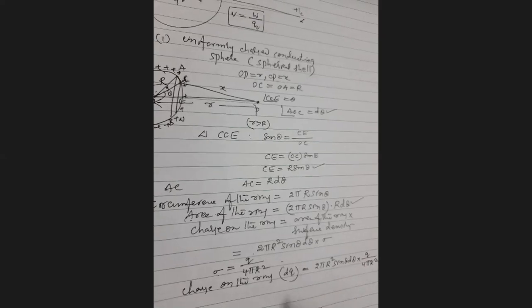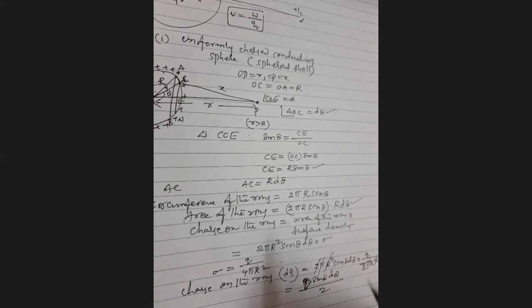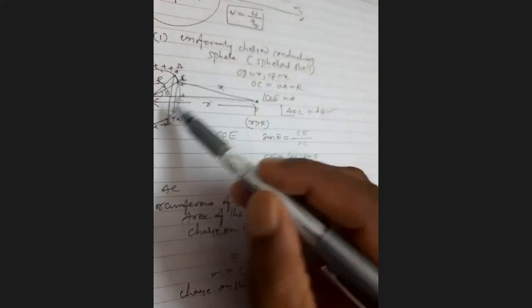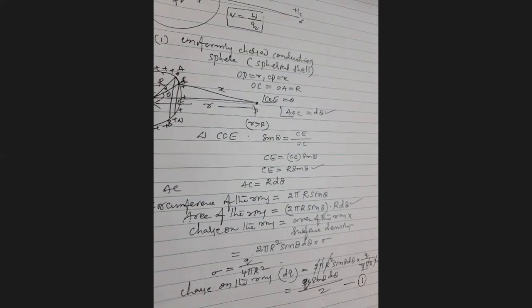So pi cancels, 2 goes once, 2 goes twice, r square cancels. What is left? q sine theta d theta by 2. The charge on the ring ABCD, dq, is equal to q sine theta d theta by 2. This is equation 1.